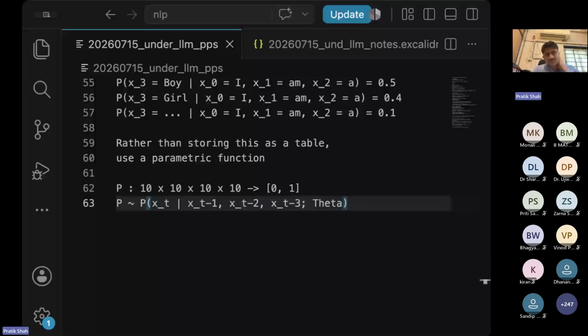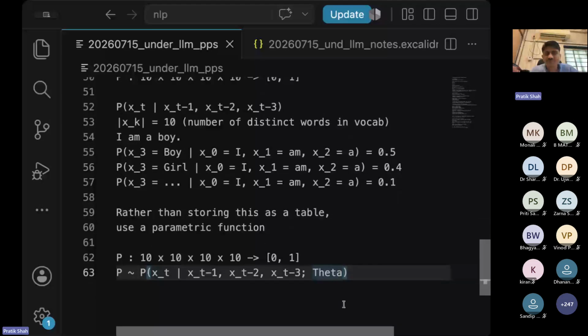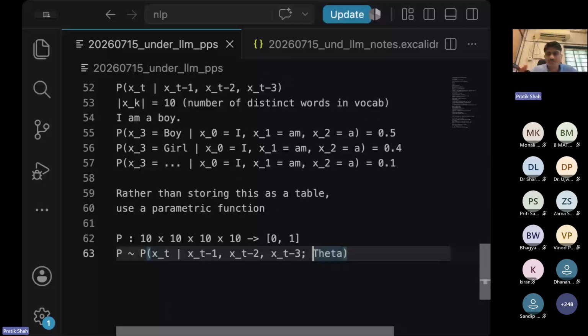So rather than storing this as a table, what I would do is I'll try to approximate this table with the help of a function of parameters theta. Theta essentially means the weights of your neural network. Depending on the architecture, I might have billions of weights, trillions of weights, and all these weights are part of a set which I call theta. So theta is the parameter set. When you tune this theta parameter set, you get different probability values for your x(t-1), x(t-2), x(t-3), and x(t).